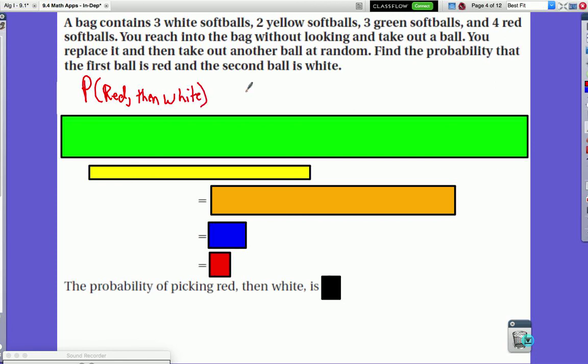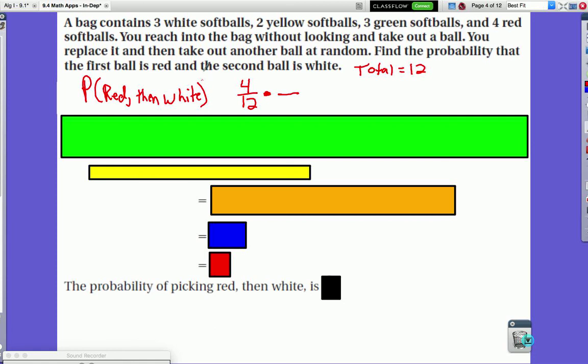So for the probability that we get red, first we have to find the total number of softballs. The total is 3, 5, 8, 12. Red, there are 4 of them. Now you can simplify this or you can just wait. Then we multiply it times the second probability, a white softball.